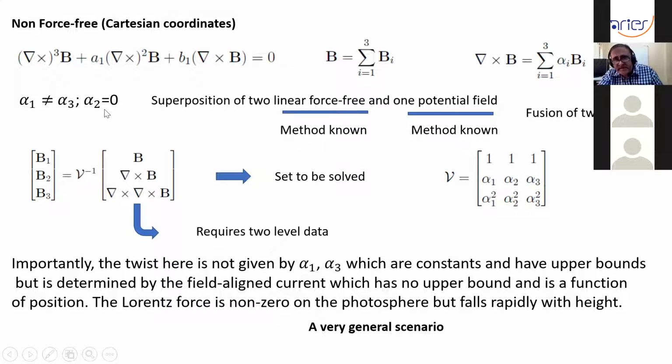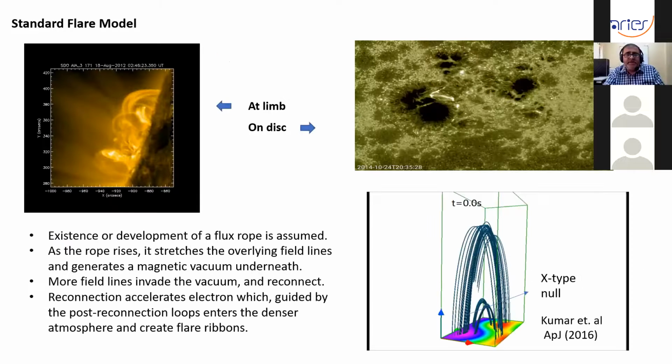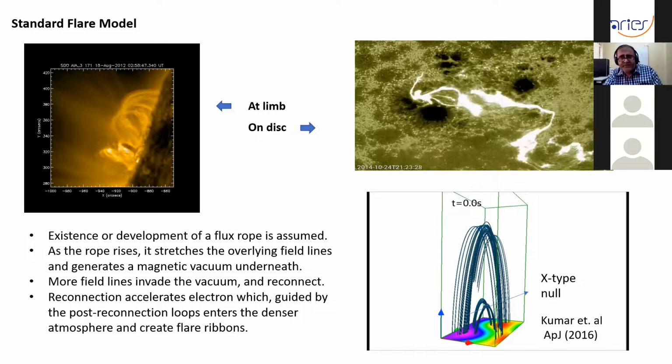And this is a very general scenario because it falls off very fast with height, and the Lorentz force almost becomes zero, whereas in the nonlinear force-free field, the photosphere is also force-free, which is not the case. So this is a slide I think I can skip here because of the time constraint.